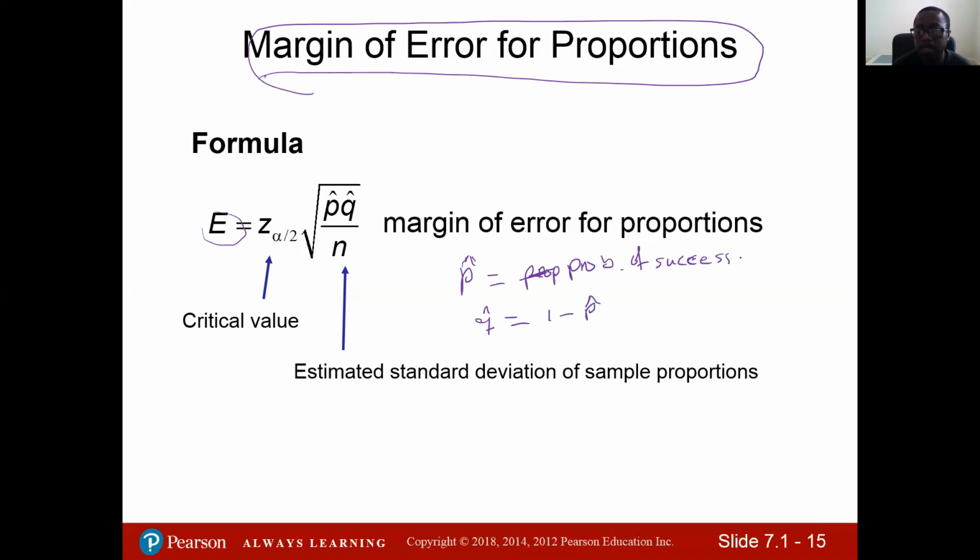Now the probability of success is given by X over N, where X is your number of successes and N is the sample size. Okay, so that's how we estimate the margin of error. Now notice that this part here is nothing but the estimated standard deviation of the sample proportion.